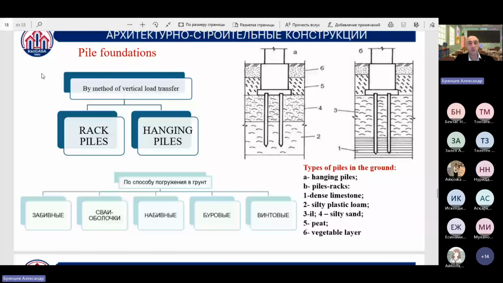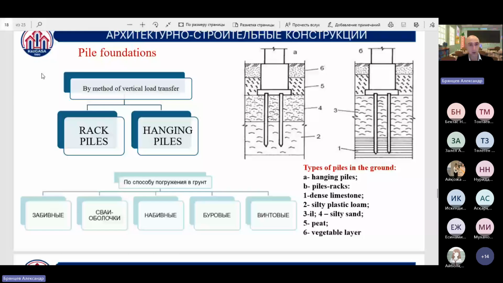There are several types of transfer mechanisms and bearing piles. End bearing piles, забивные сваи, friction piles, висячие сваи.